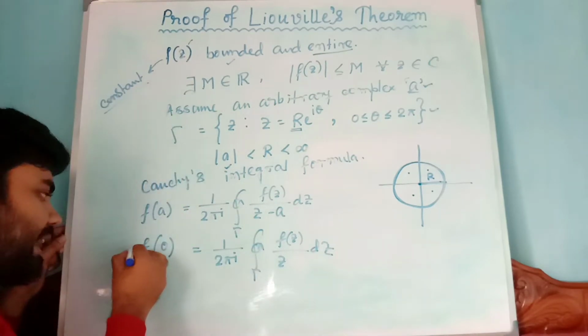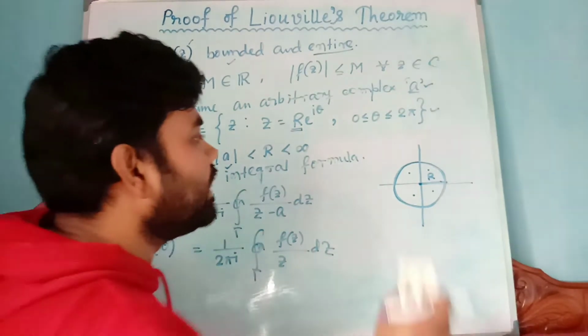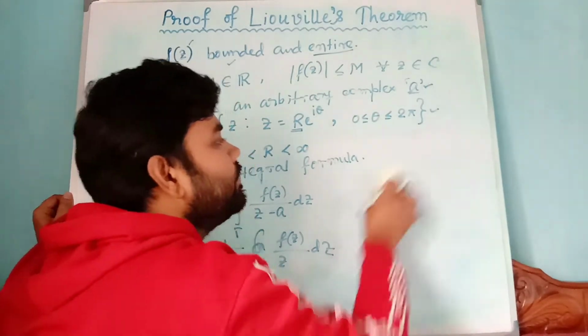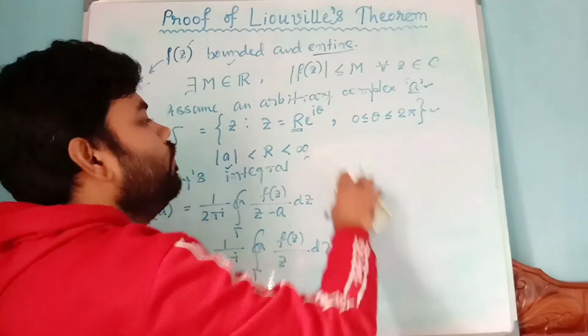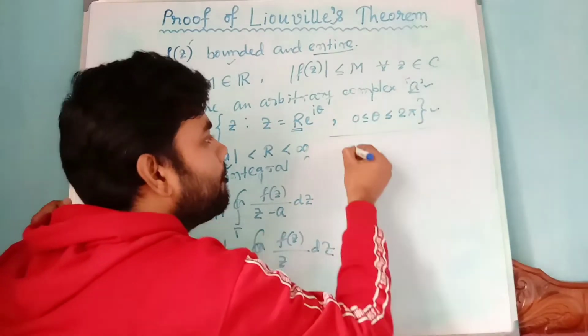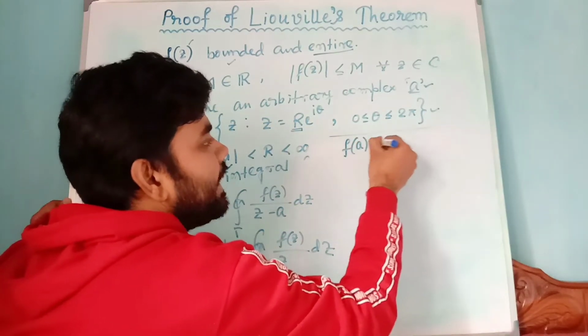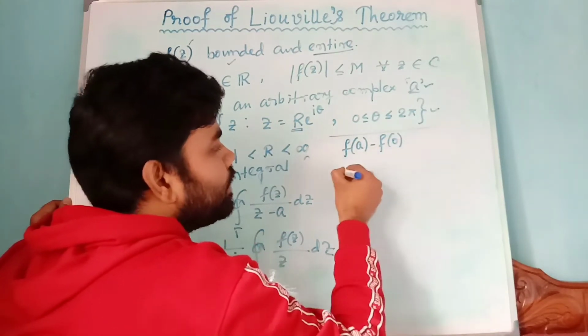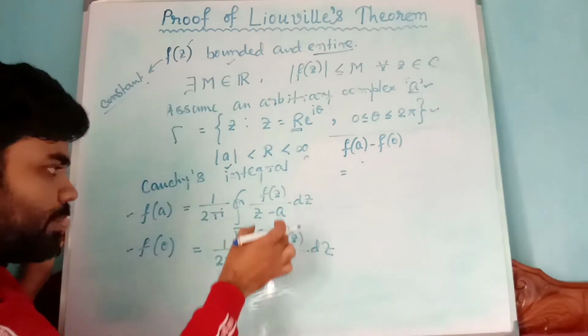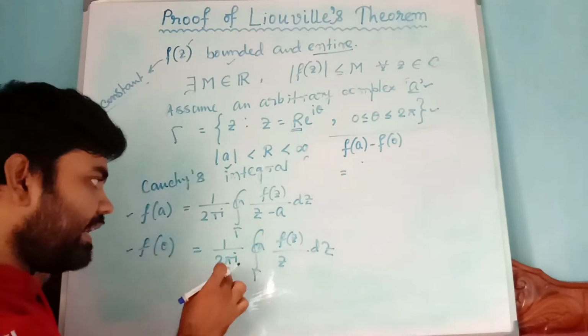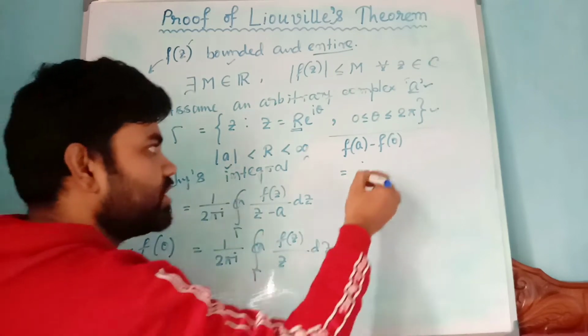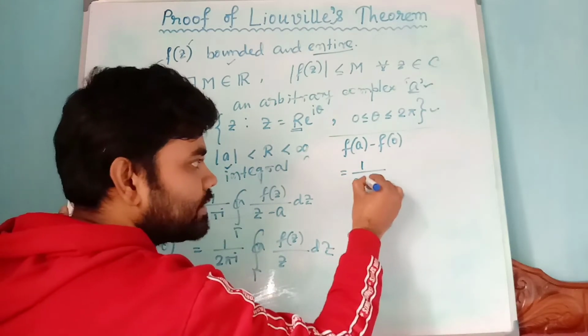Now if we subtract f(0) from f(a), what will we have? We will have f(a) minus f(0) equals this minus this. So 1 by 2 pi i is in front of both the integrations, so we are taking this as common.